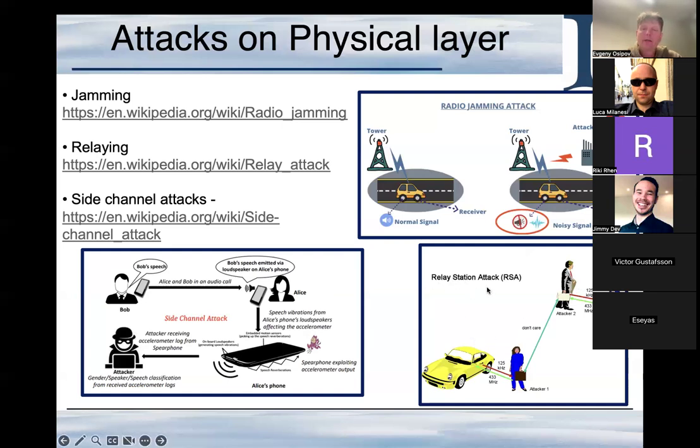Finally, very relevant for our day-to-day lives is an attack called relay attacks. You have probably heard about it several times, and it used to be very critical in the context of car theft.